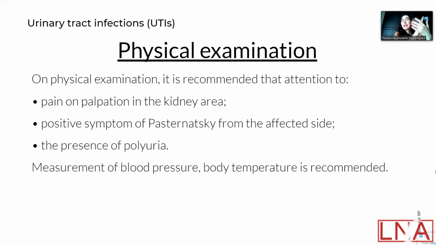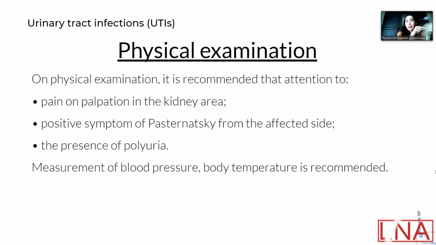that is, tapping with the back side of your hand from the back in the projection of the kidney, the presence of polyuria, pollakiuria and urgency of urination, and measurement of blood pressure, because it can be associated with secondary arterial hypertension.